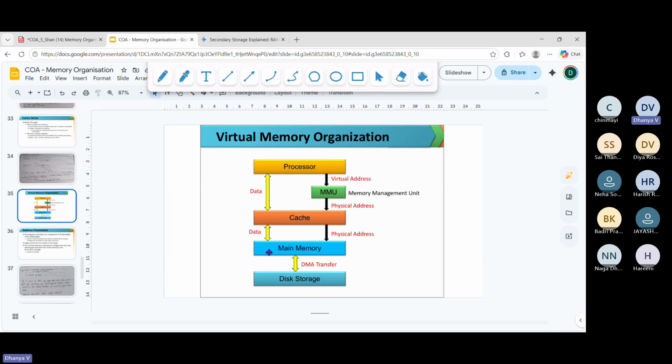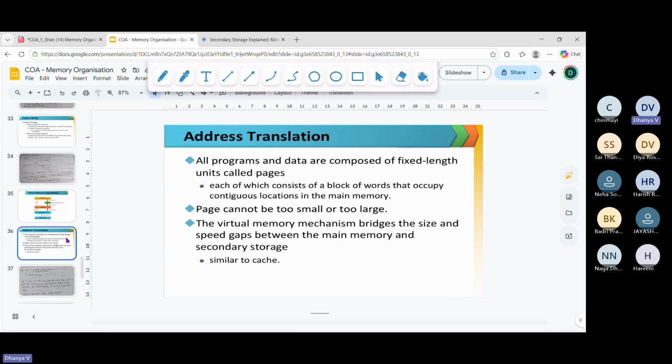Okay, so in your secondary memory it is called a page, and the same page in your main memory is referred to as a frame. It's similar to how the block concept works. It's one and the same, literally the same thing.